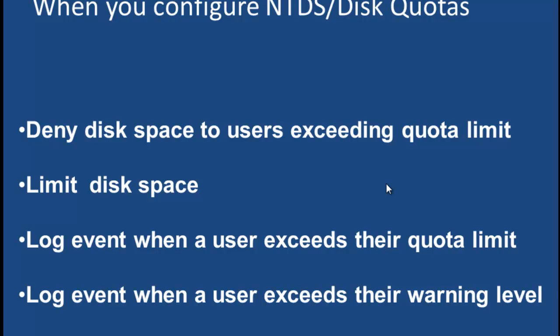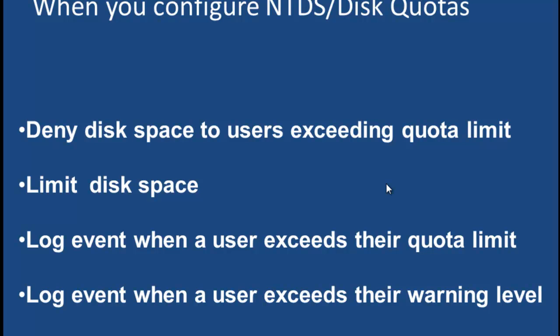You can say, for example, that you want a user to have 200 gigabytes of space to save their work. You can also deny the space to users exceeding the quota limit. So if you set a certain quota limit, you can then choose to say that if the person exceeds that limit, they will not be able to save anything else on the disk.